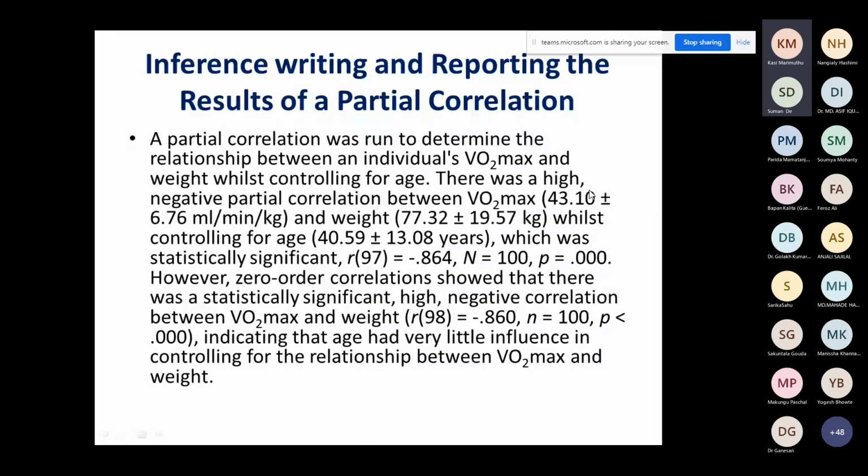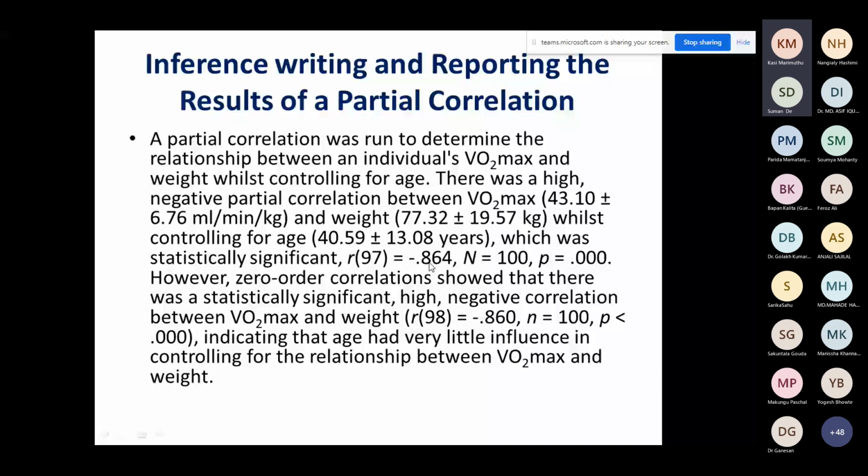There was a high negative partial correlation, statistically significant, r equal to 0.97, controlling for age, n equal to 100.